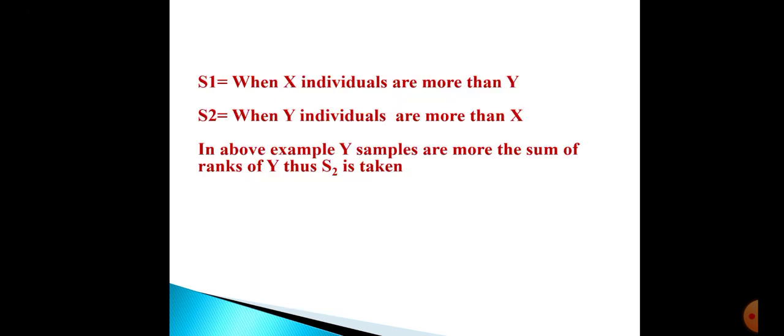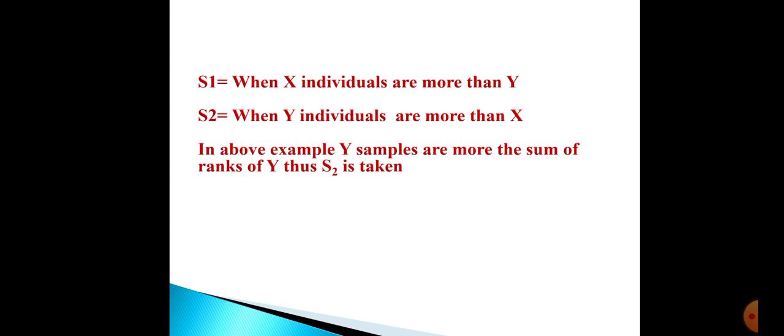This is the table where we can use N1 and N2 at different significance levels for these samples. S1 is for when X individuals are more than Y, and S2 is when Y individuals are more than X. In our example, sample Y has the larger sum of ranks, thus S2 is taken, because the number of samples in the second population, Y, is more and the rank sum is also more.